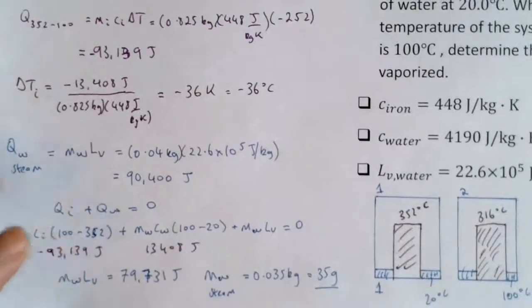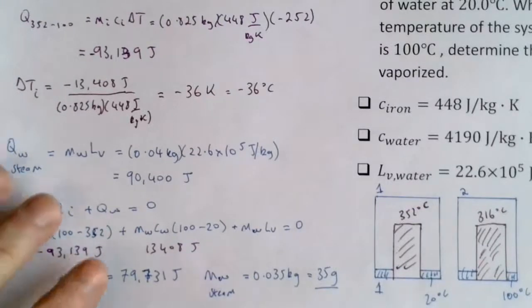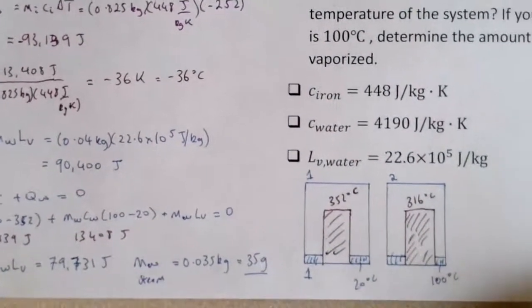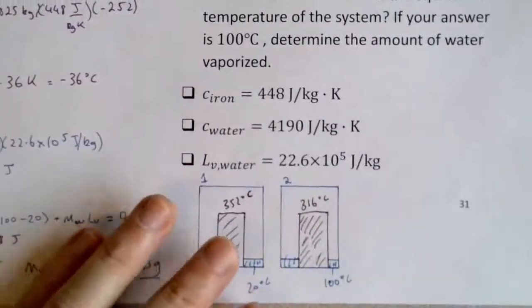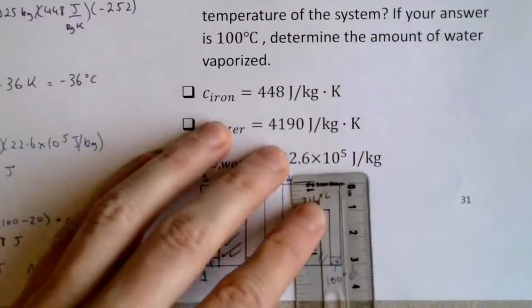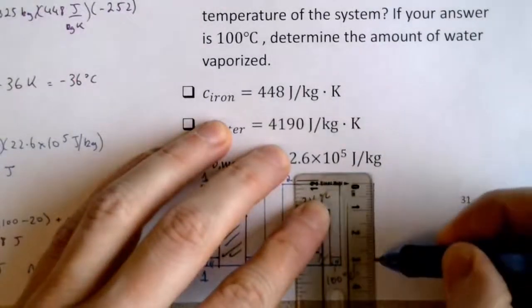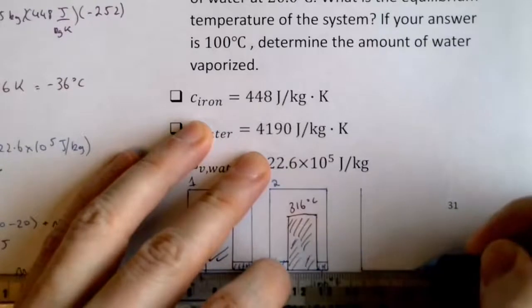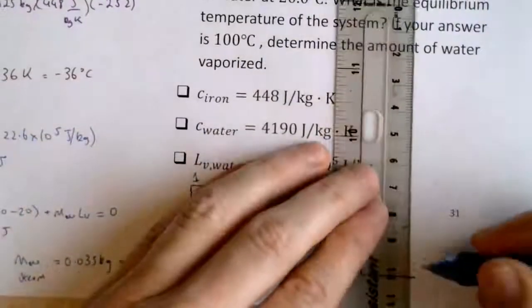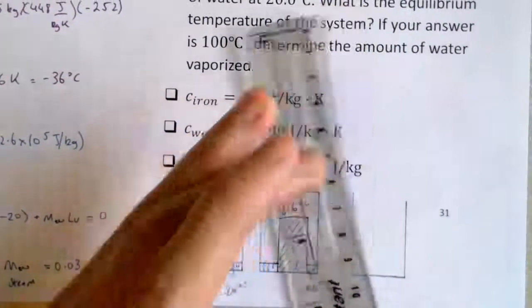But the final state is definitely 100. The final temperature is definitely 100, and with 35 grams of steam. So to draw this last picture, what the final system would look like.